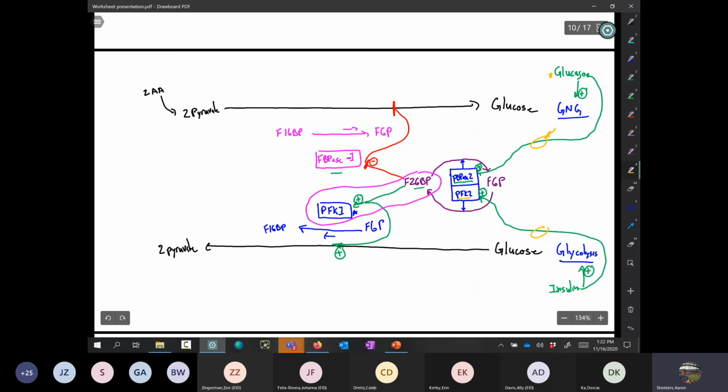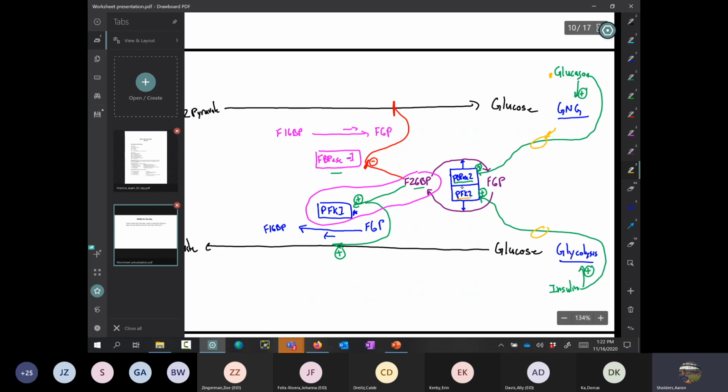So PKA actually is going to phosphorylate and activate the phosphatase domain. So that's why that's false, not the kinase domain. And therefore by activating the phosphatase domain, it then removes the inhibitor of gluconeogenesis.